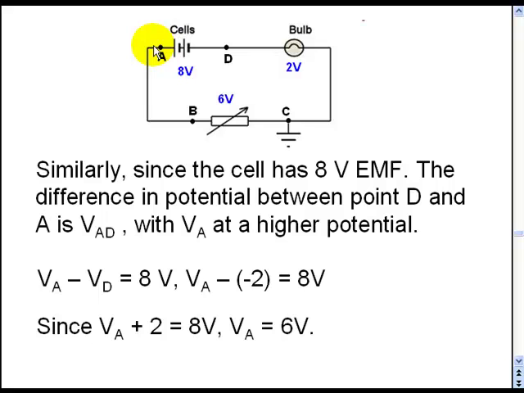Charge gains potential as it passes through the cells because chemical energy is converted to electric potential energy.